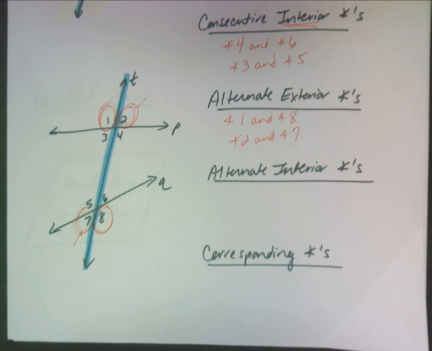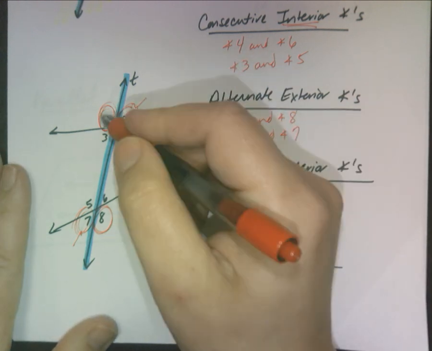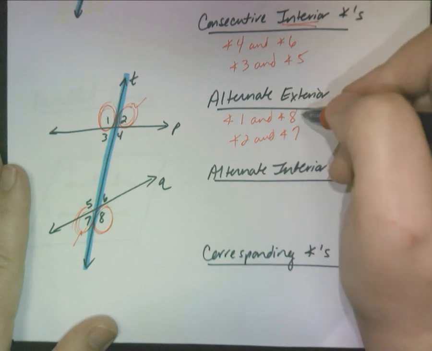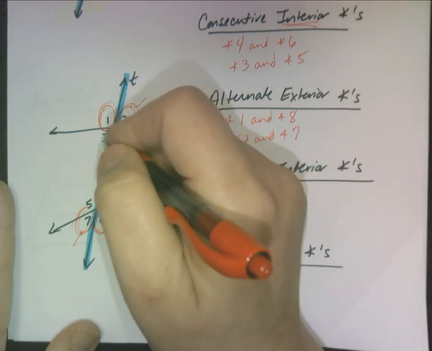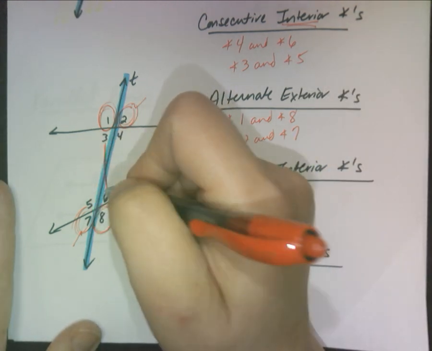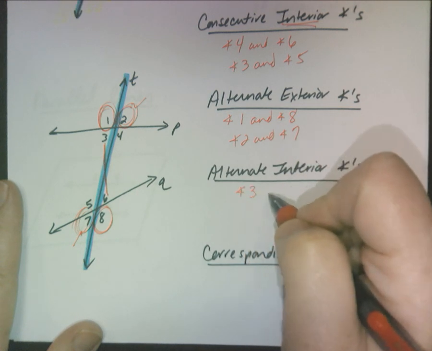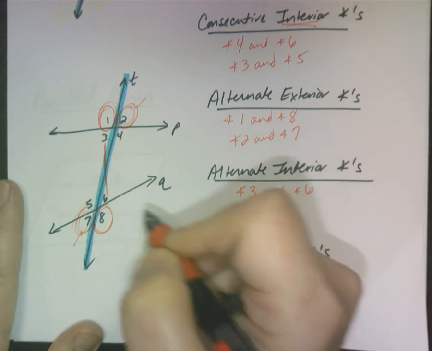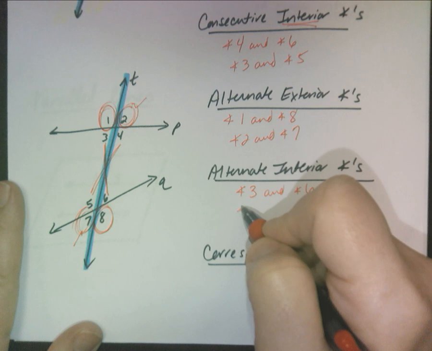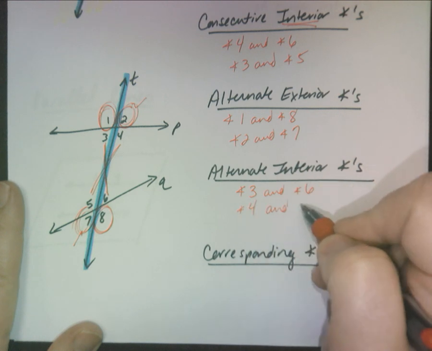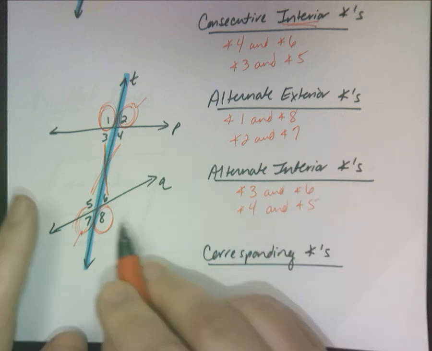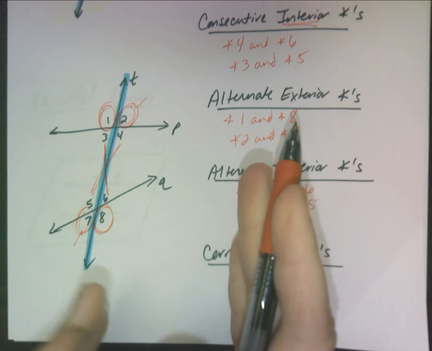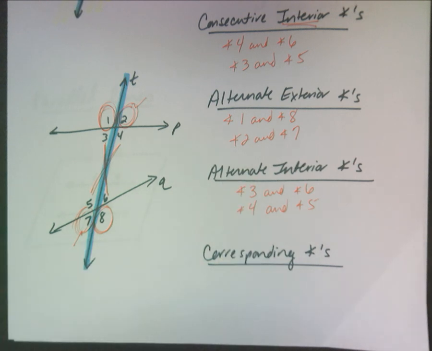And again, I had a teacher, she would say it makes an X. So that's how alternating exterior, but then alternating interior kind of is the same. It still makes an X. 3 to 6. And then 4 to 5. Because they have to be interior and they have to alternate, switch back and forth across the transversal.